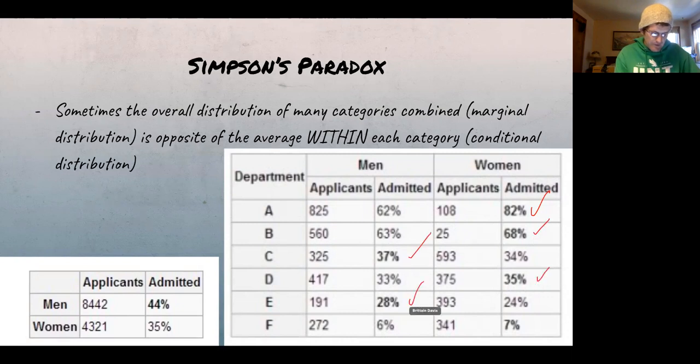I'll just run down really quickly. So this is not showing any evidence of discrimination. Theoretically, you could say there's discrimination against men, but there's only this one that's wildly different. And so it looks like a pretty fair selection process.